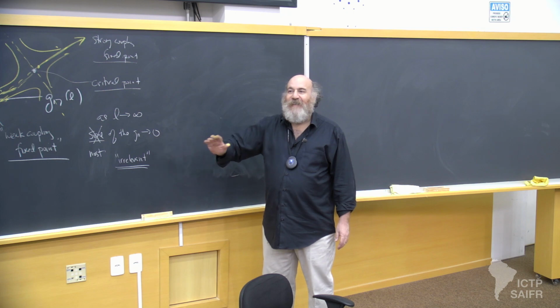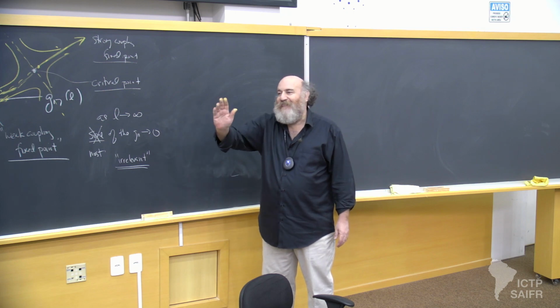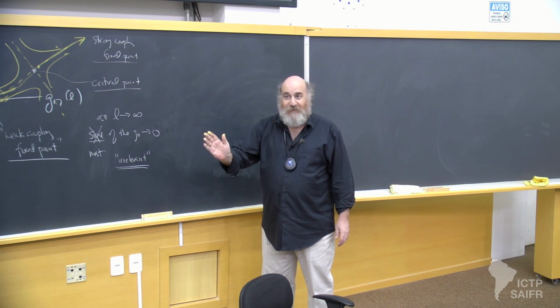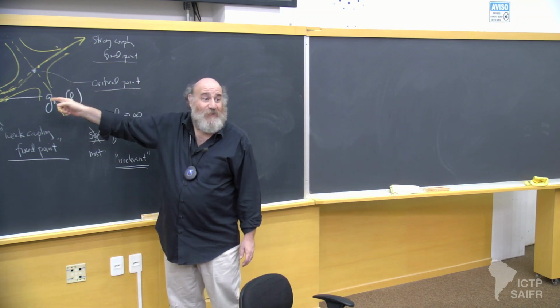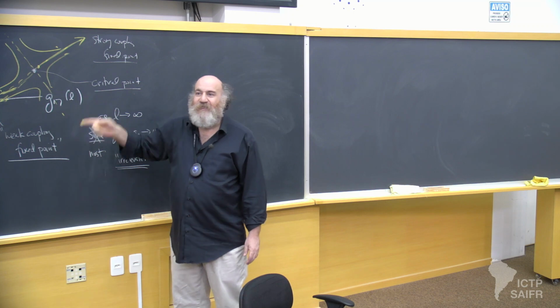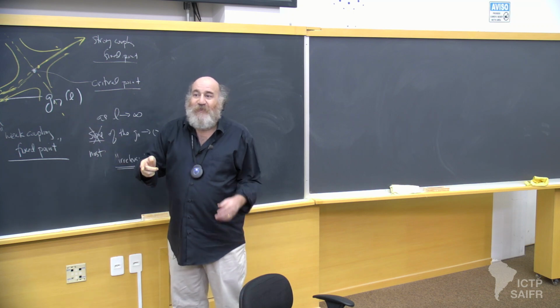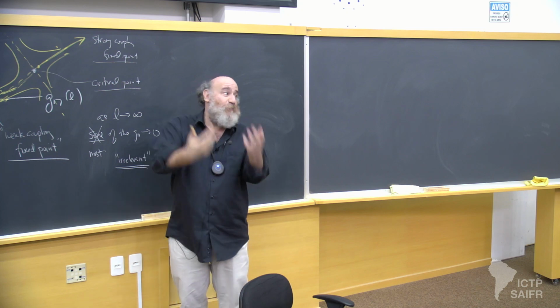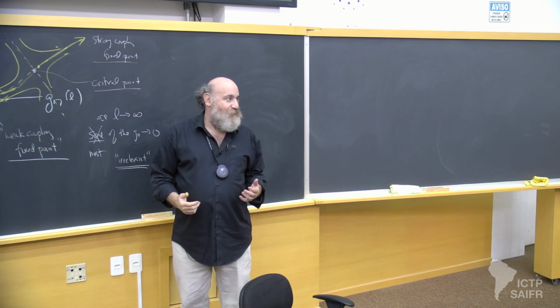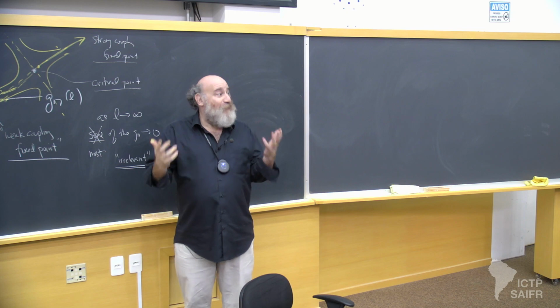We often write down models and we say, oh, I'm going to leave that out because it's irrelevant. No, but if you could actually do this calculation, irrelevant means something very specific. And if you can show that it's irrelevant, you're not leaving it out because it's your opinion that it doesn't matter, right? You're leaving it out because even if you put it in, it would go away. It's pretty amazing, right?